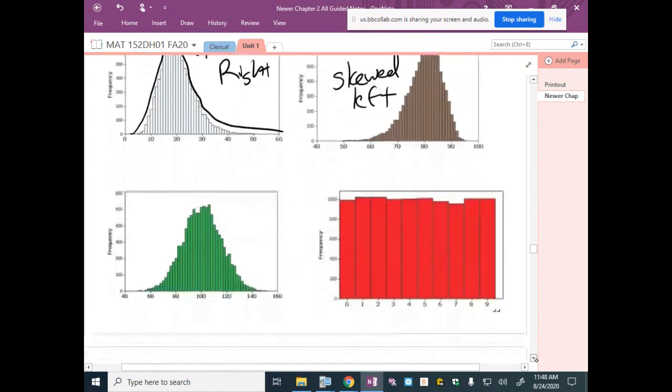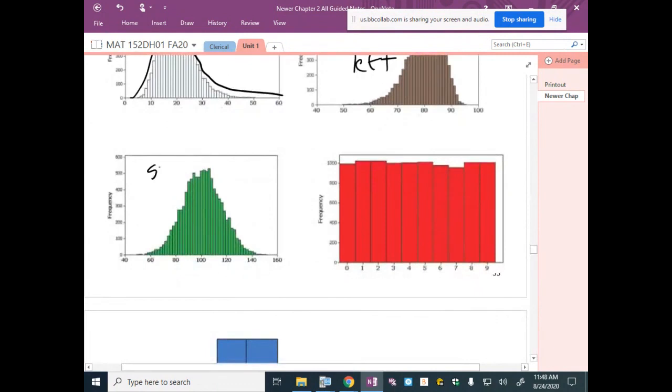How about this green one? Symmetric. And how about the red one? Uniform. And there's a question on a lab assignment about this, and you'll definitely encounter one like this on your test.